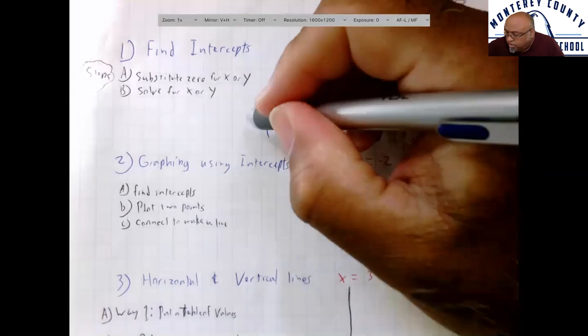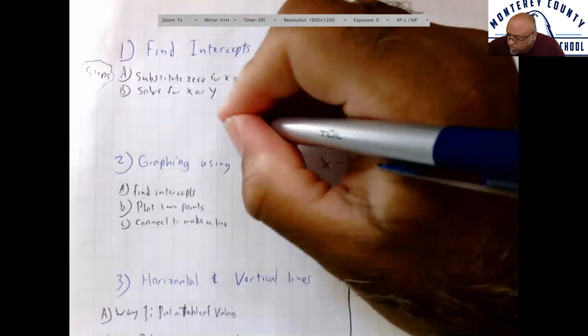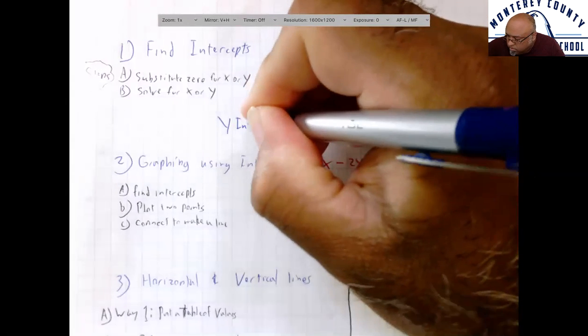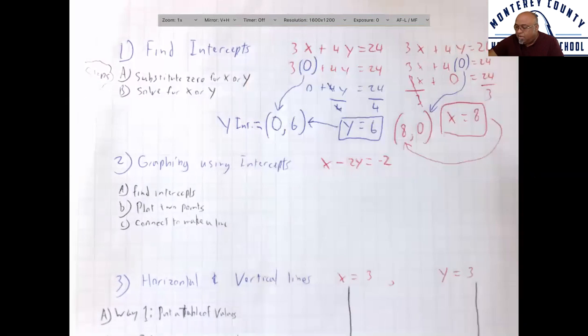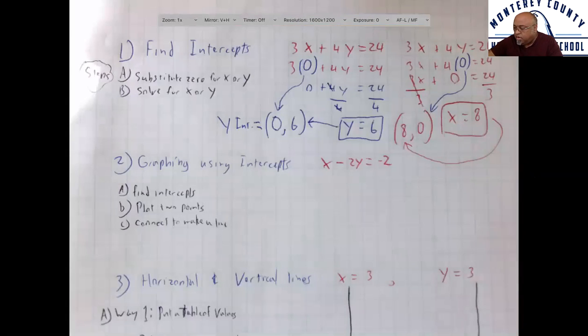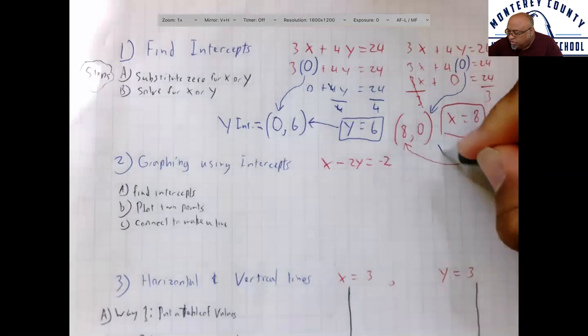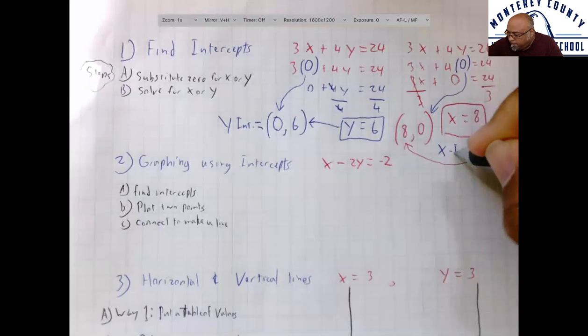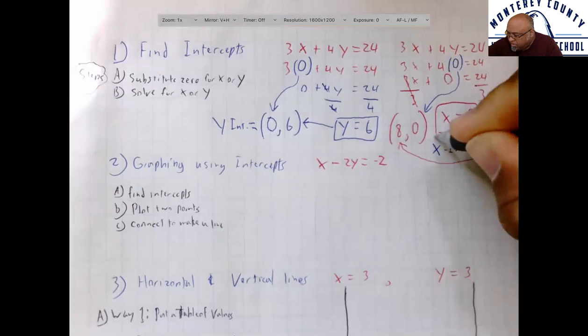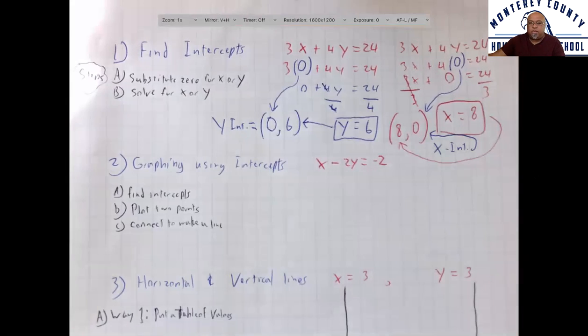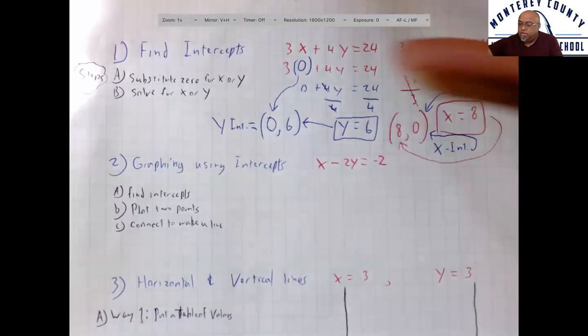My y-intercept is the point (0, 6). And my x-intercept is the point (8, 0). Okay? So I hope that that's fairly clear. Let's go to problem 2.